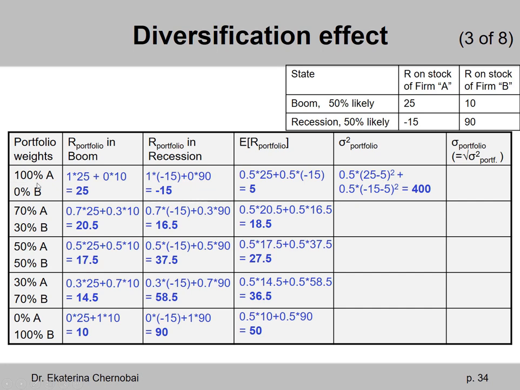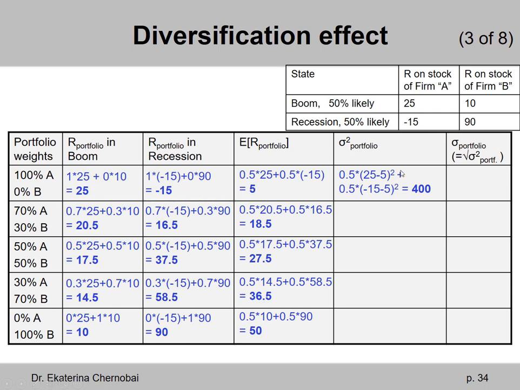So for the first combination with 100% invested into A and 0% of money invested into B shares, we do probability 50% of the boom state multiplied by the return of the portfolio in the boom state, 25, minus the expected portfolio return, 5.